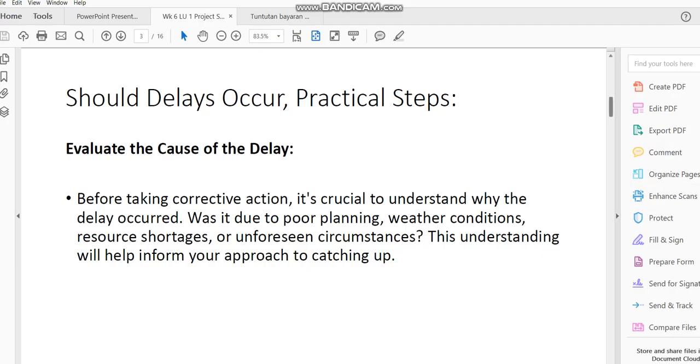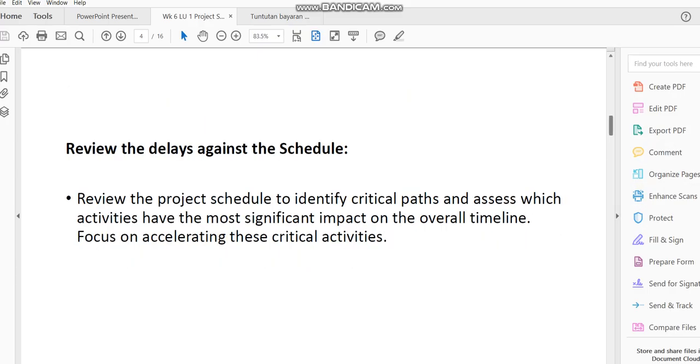Then after you've evaluated the causes, you review the delay, whether it's an important delay or not. There are circumstances where some delays are actually on the critical path. And if it's on the critical path, essentially it means that you've got to deal with it. And maybe there are some delays that may have free float to actually cover up.